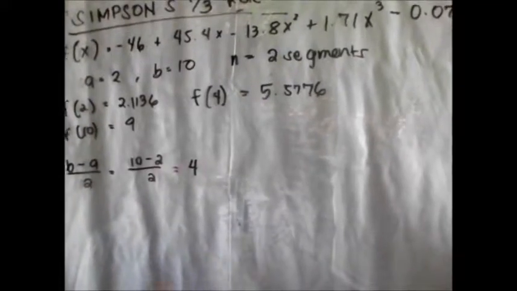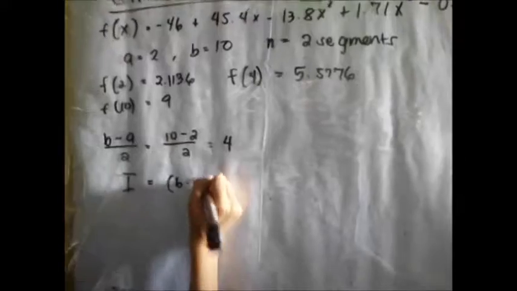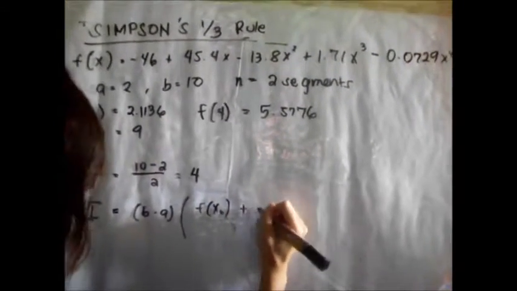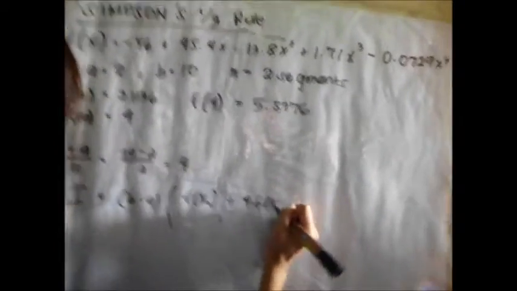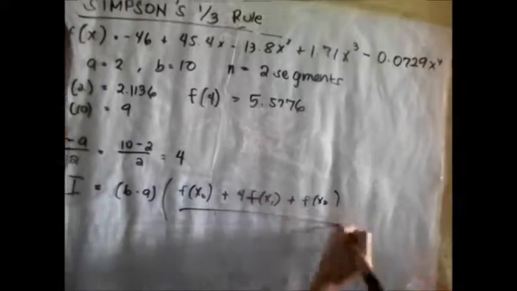The general formula for Simpson's rule is b minus a, quantity f of x sub 0 plus 4 times f of x sub 1 plus f of x sub 2, all over 6.